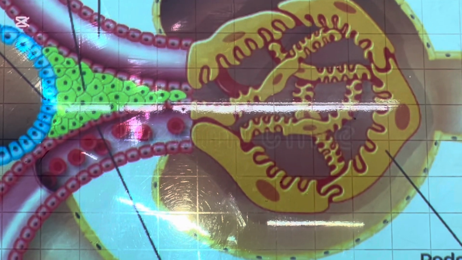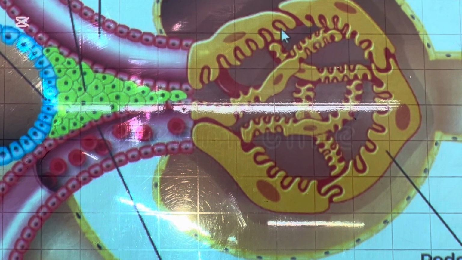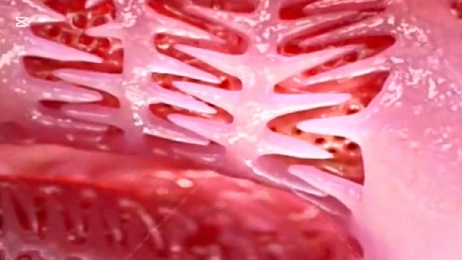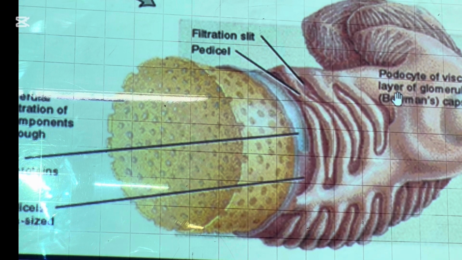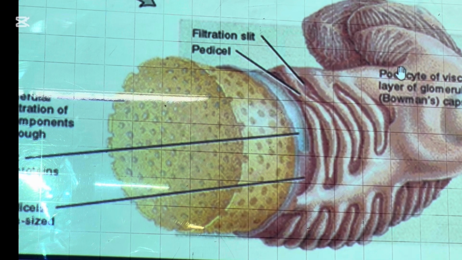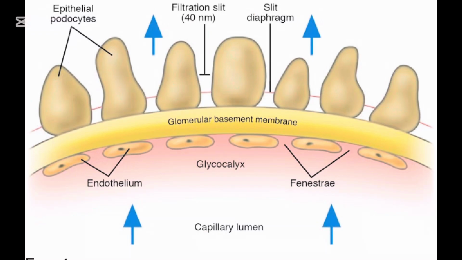When it comes to the inner layer or visceral layer of Bowman's capsule, it consists of specialized cells. There are many such cells called podocytes. So these are the podocyte cells. And these podocytes have feet-like extensions called pedicels, which will wrap around the glomerular capillaries. This results in the formation of filtration slits, which are highly selective.